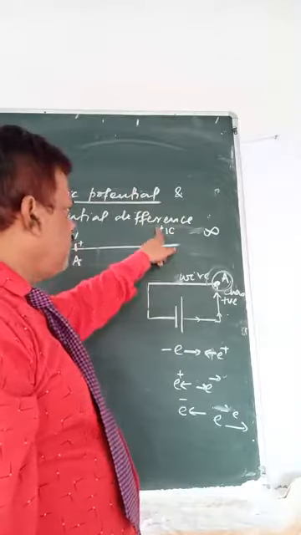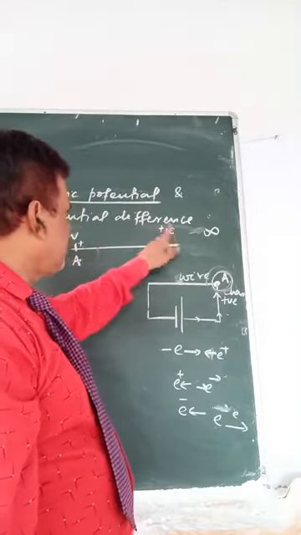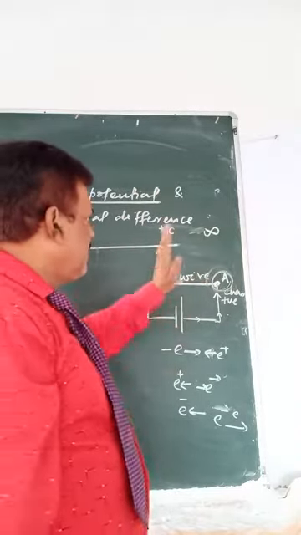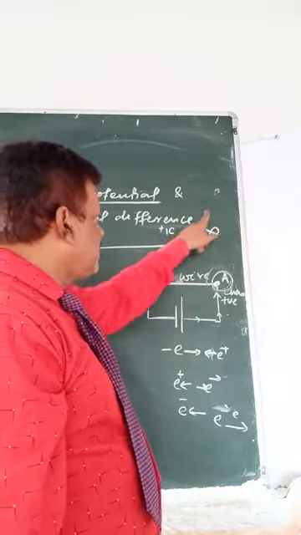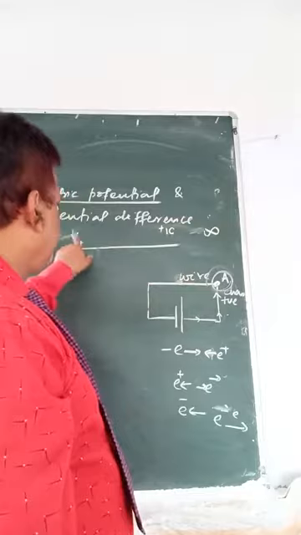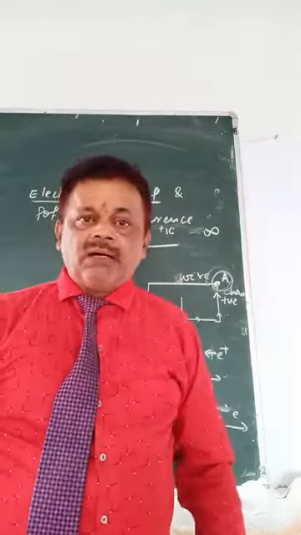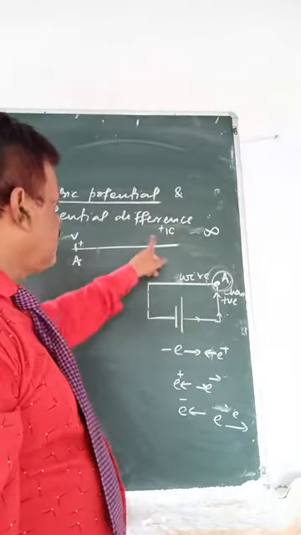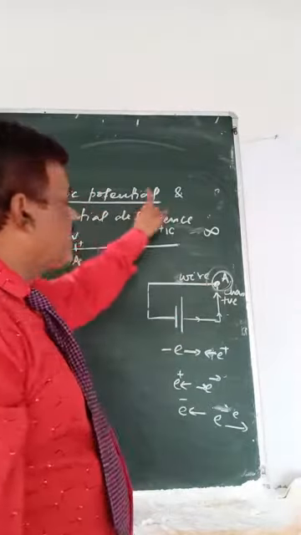So if I keep 1 coulomb of small charge here, it will start repelling. Now my point is to bring this charge back from any point which is not fixed to this point. That is the amount of work done. So that is called the electric potential.